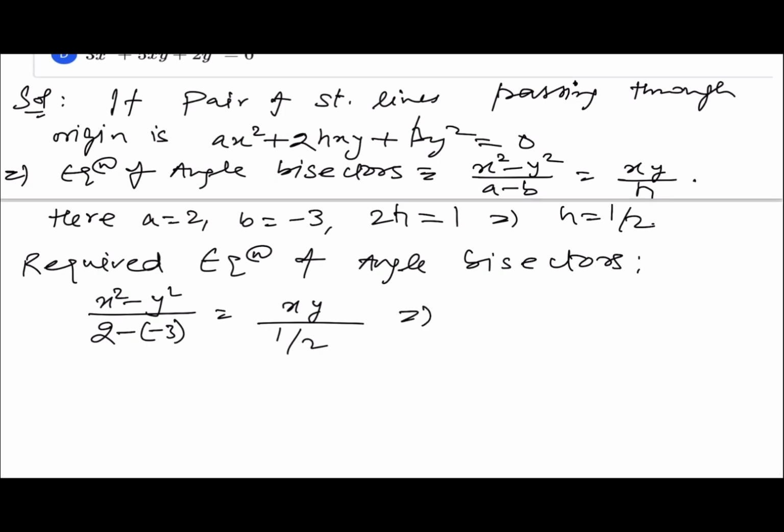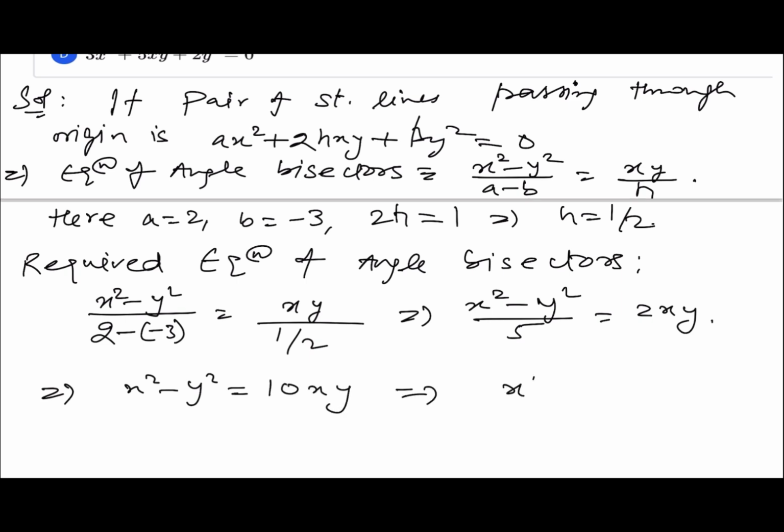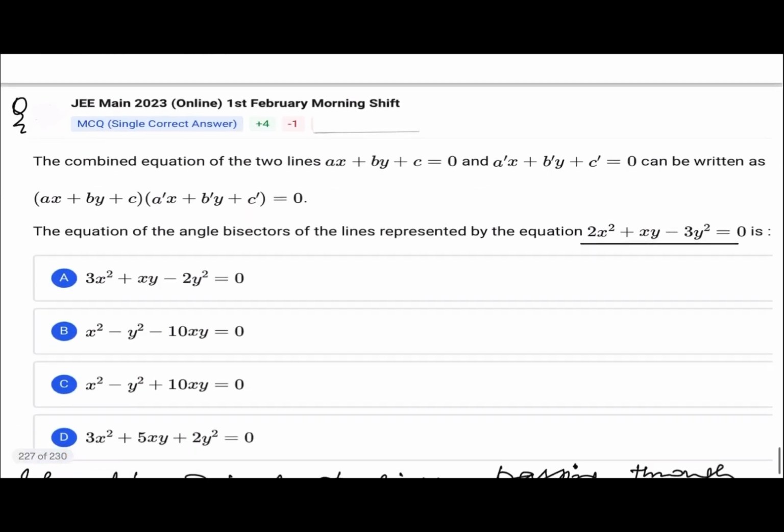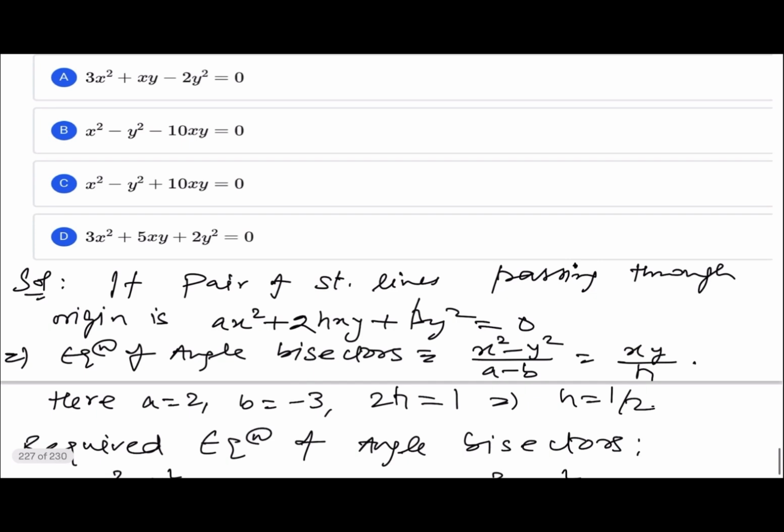So x square minus y square upon 5 is equal to 2xy, or x square minus y square is equal to 10xy, or x square minus y square minus 10xy is equal to 0. So option B is correct.